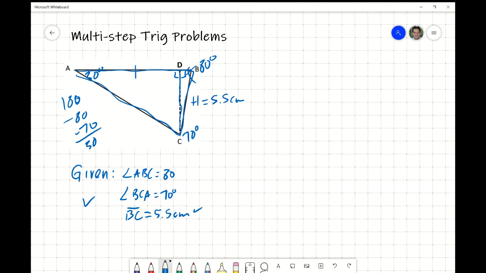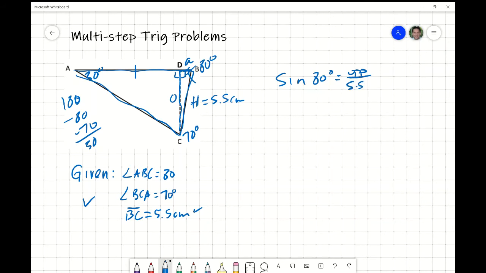Okay, so it looks like what we're trying to find here is the opposite side. Remember, here's the hypotenuse, and the adjacent side over here, which is this really small side DB, is going to be the adjacent, so we're looking for the opposite. If we're looking for the opposite and we know the hypotenuse, that sounds like sine. So sine of 80 degrees is equal to the opposite over 5.5, which is the hypotenuse.